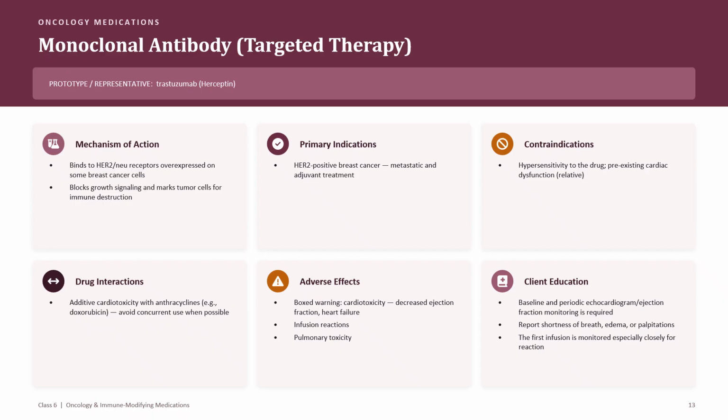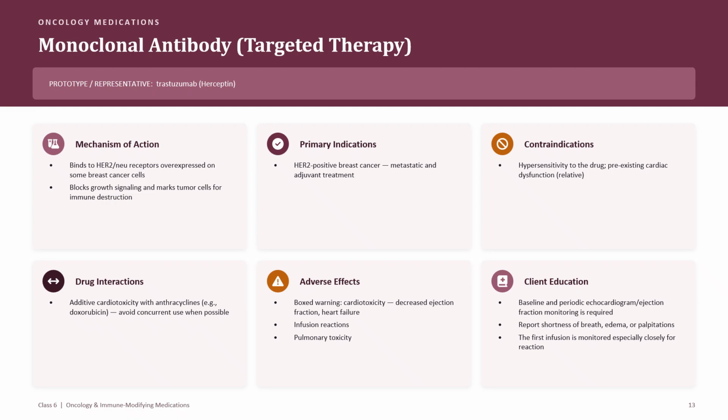So it's important to know that trastuzumab and doxorubicin are both cardiotoxic, and if given together, it does compound that cardiotoxic risk. That's exactly why oncology regimens are so careful about sequencing and spacing those two medications out.